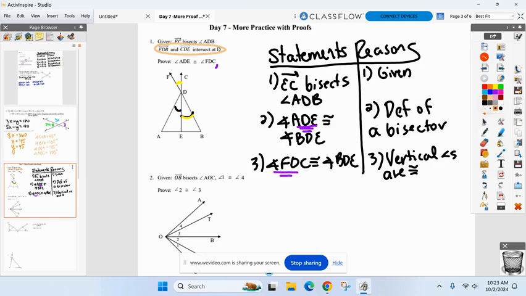Put those two steps together and come out with what two angles being congruent? Zach? ADE is congruent to FDC. And what property are we using for that one? Substitution. So that's how this one ended. And that's where we need to be.